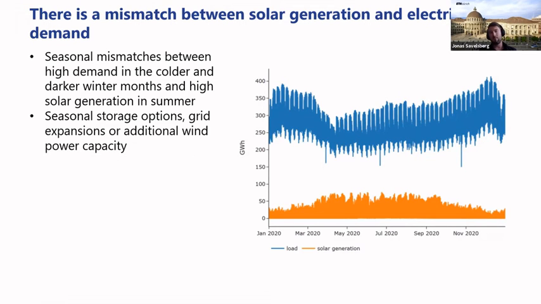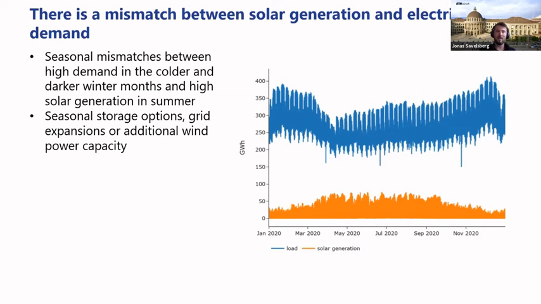However, the technical potential for seasonal storage or wind energy might be low in certain countries, and social acceptability of extending grid or generation capacities might also be a problem. For example, in Switzerland, we have basically zero wind generation, and there are very high barriers to adoption of wind power.